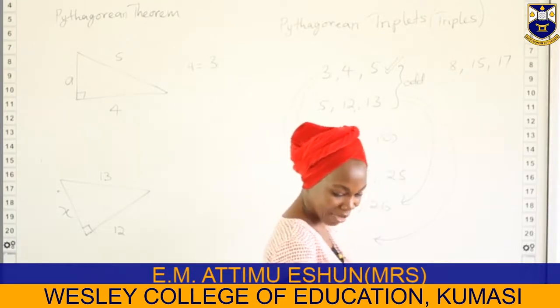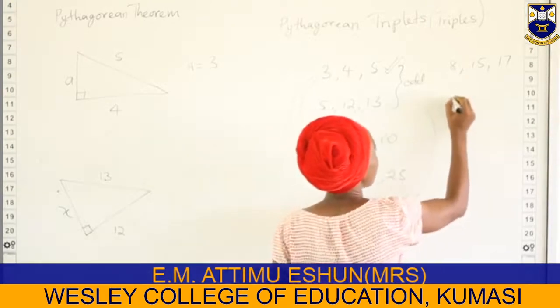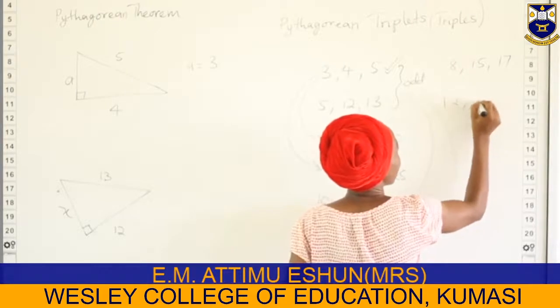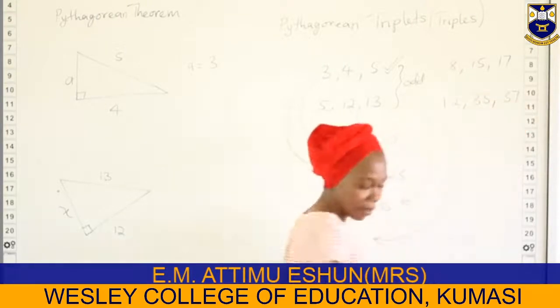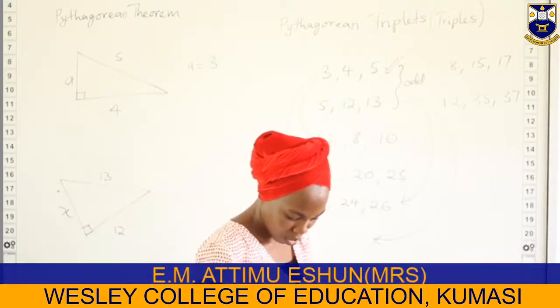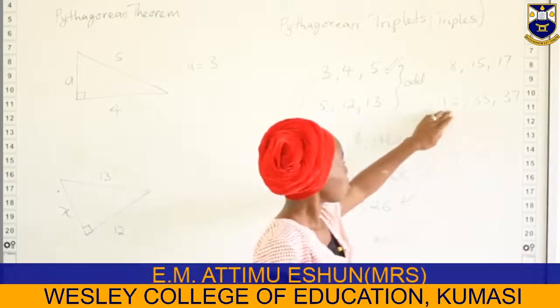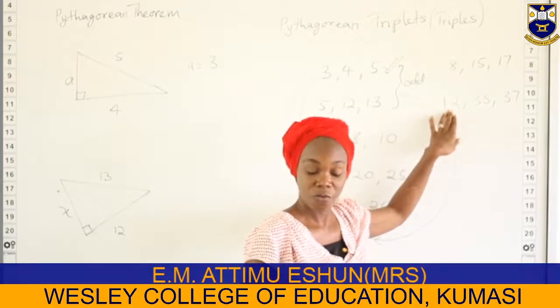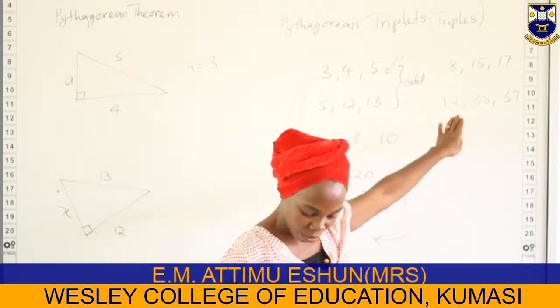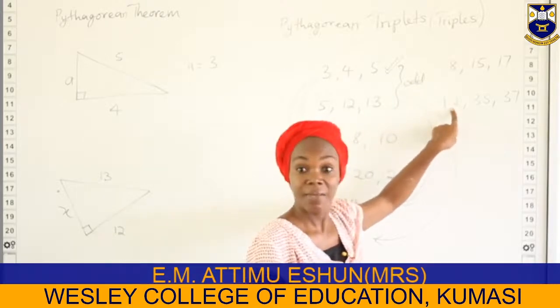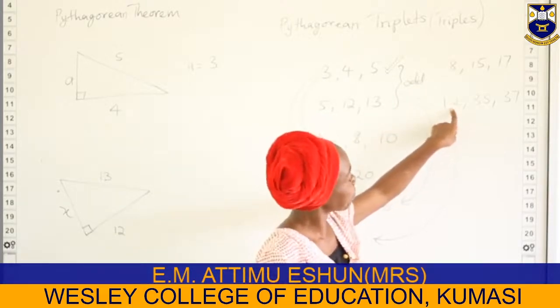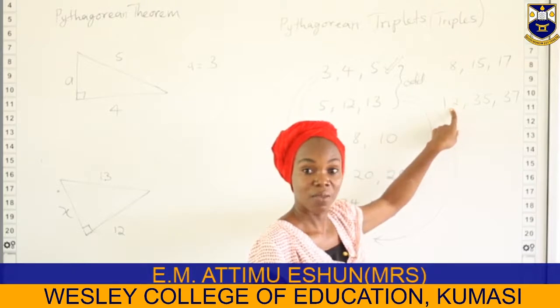Let's take another example. 12, 35, 37. Am I right? So we take the number 12, 35, 37. What happens is that we would divide 12 by 2, and that will give us 6.